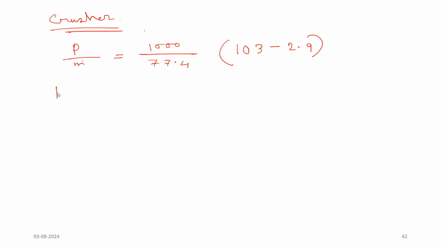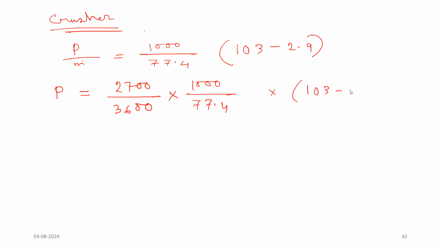It will be 27 by 3600 because we are calculating kg per second, multiplied by 1000 into 77.4 in joule per meter square and into 103 minus 2.9.